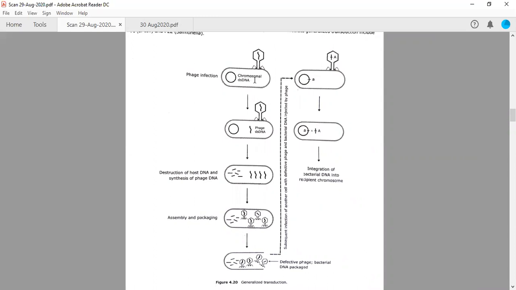Suppose this is bacteria A. When it is infecting this bacteria, it will release its DNA inside the cytoplasm of this bacteria. And finally, what will happen next? It will lead to the disintegration, or the fragmentation, of the bacterial genome, the bacterial chromosome.